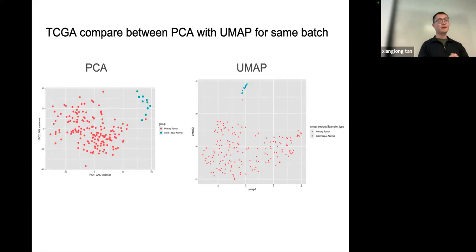It's always a good indicator that the control samples are clustered together as a negative control, because the control should always be the same. If the control samples' transcriptomes are already different, that means there are biologically some issues.